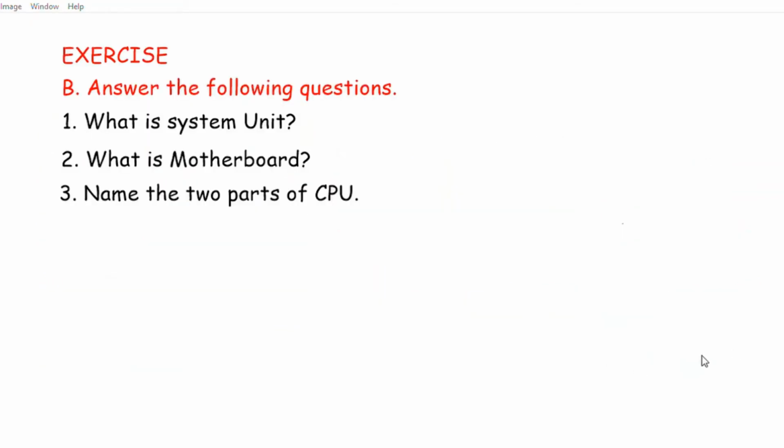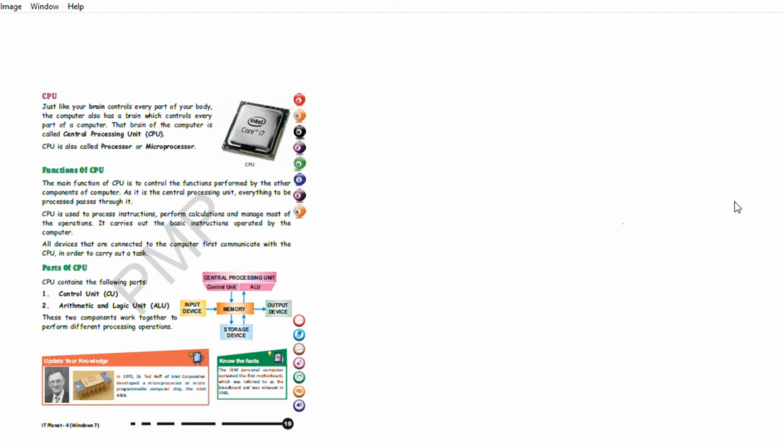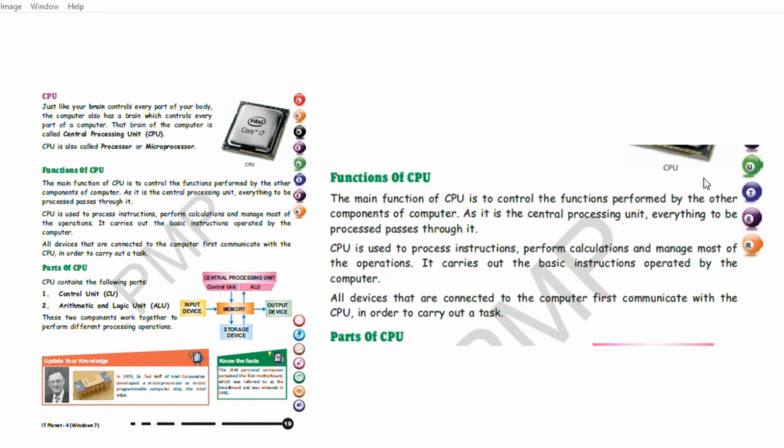Question number 4. What is the function of CPU? The answer for this question is also at page number 19. Mark the answer for this question, children. The main function of CPU is to control the functions performed by the other components of computer.